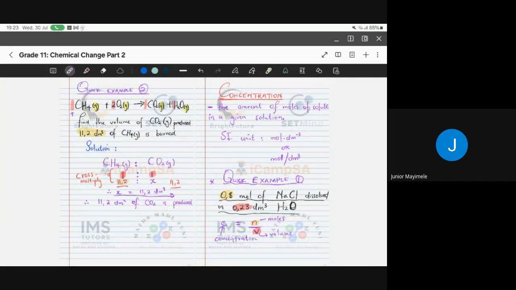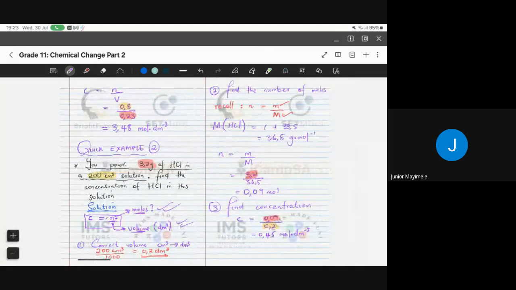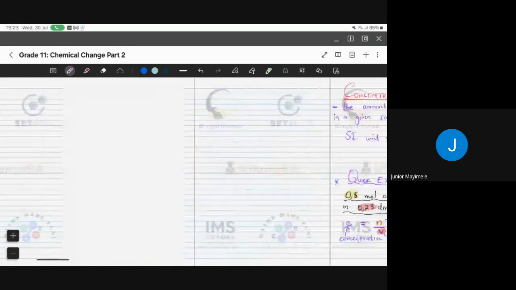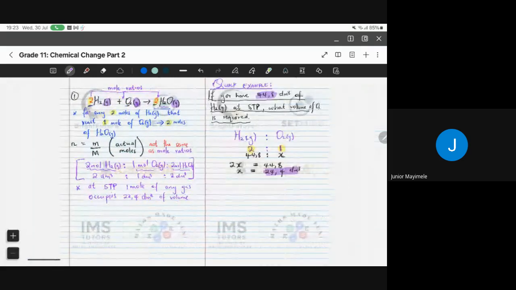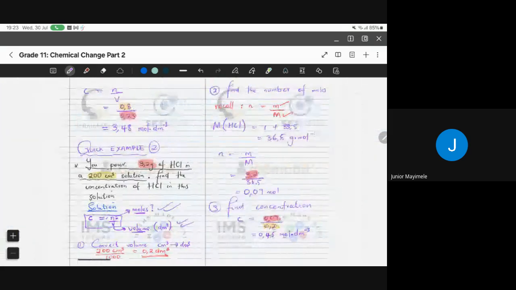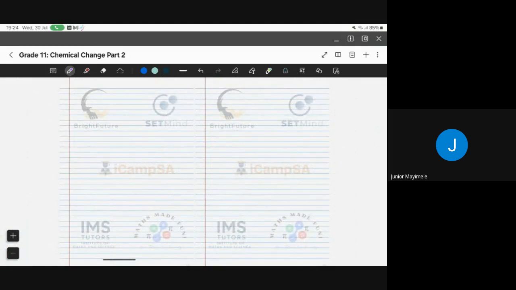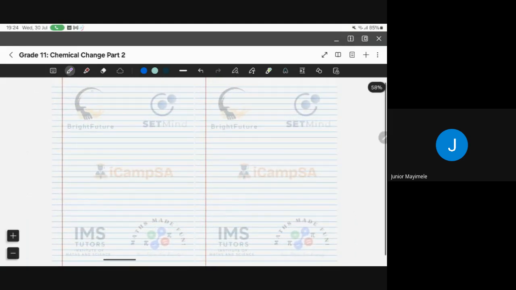And now what usually happens is for percentage composition, which is our next part, you would be given, let's say, water, and you just want to know how much oxygen is in the molecule water, or how much hydrogen is in water.